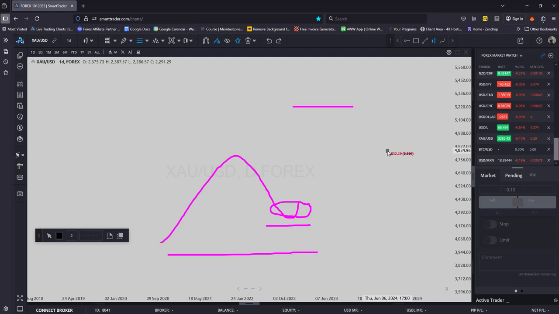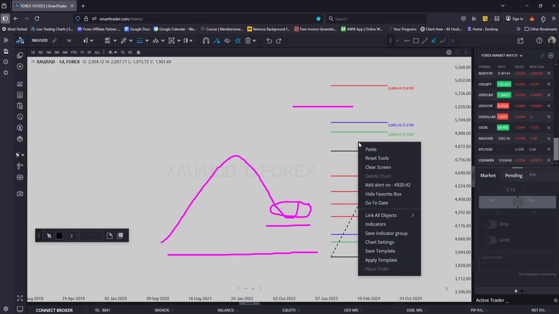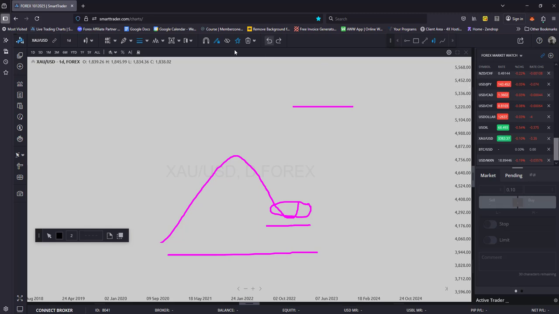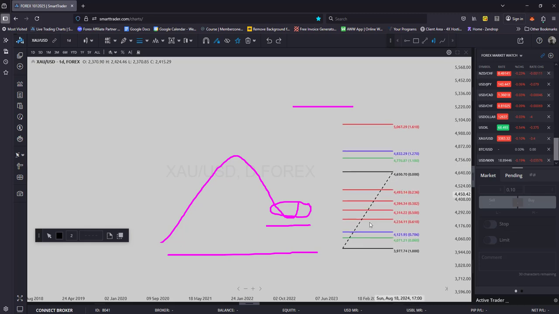So if I have the Fibonacci here like this, and I'm just putting it next to it for now, how the Fibonacci works is this: you start at 0 and you go, just now, let me, right. So in an uptrend, you'd start at the bottom, and you see this first push here in the market, you put the tool from the bottom, the start of the move, to that first high.